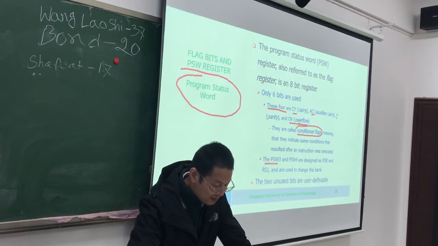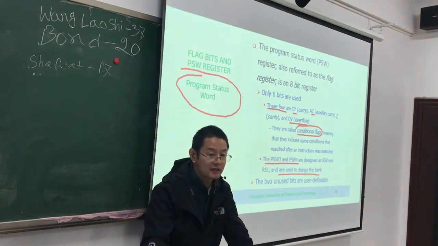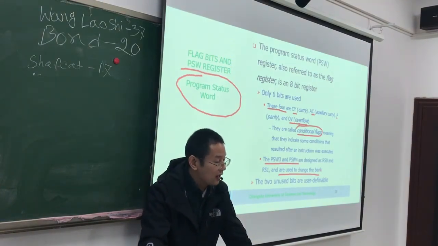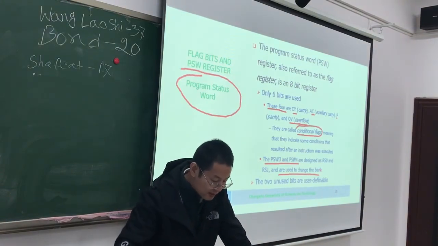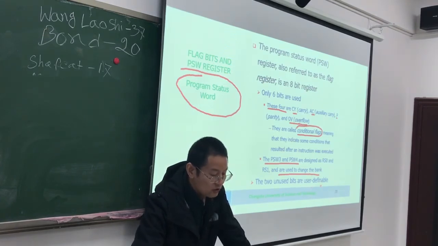PSW.3 and PSW.4 are designated as RS0 and RS1, and are used to change the bank for the registers. There are 4 banks of registers, R0 to R7. The 2 unused bits are user defined, which means you can use them as you want.